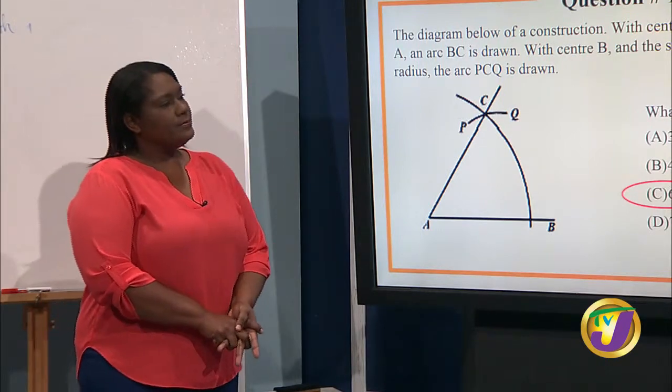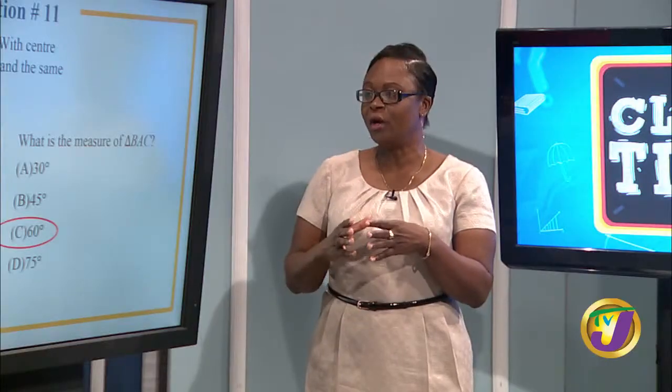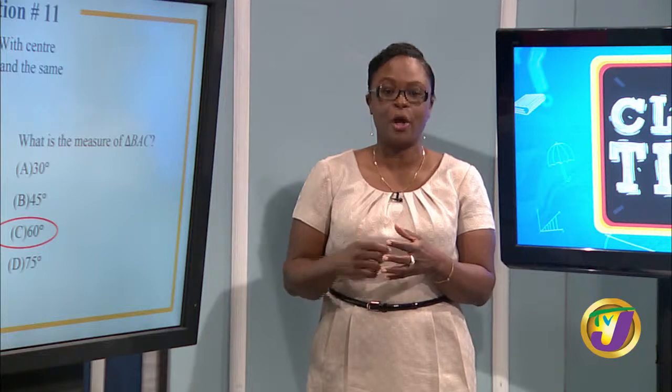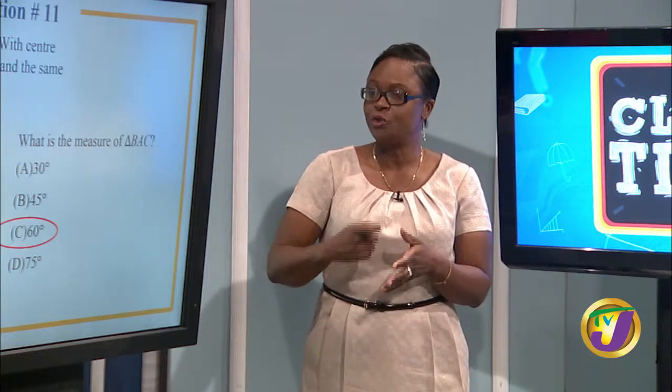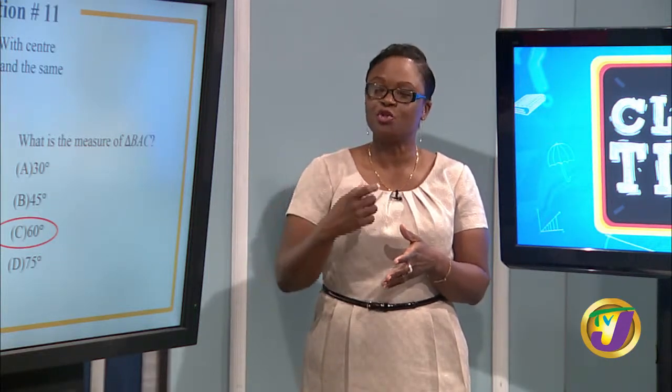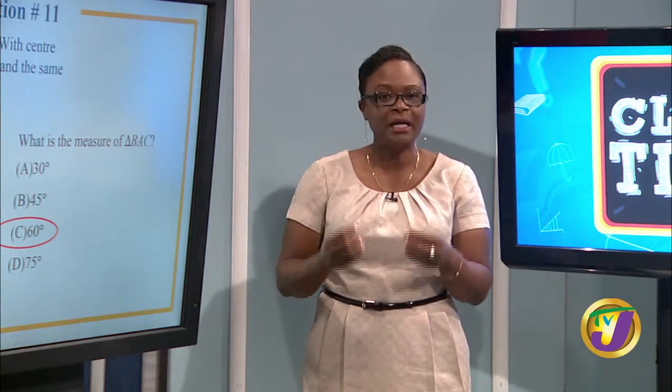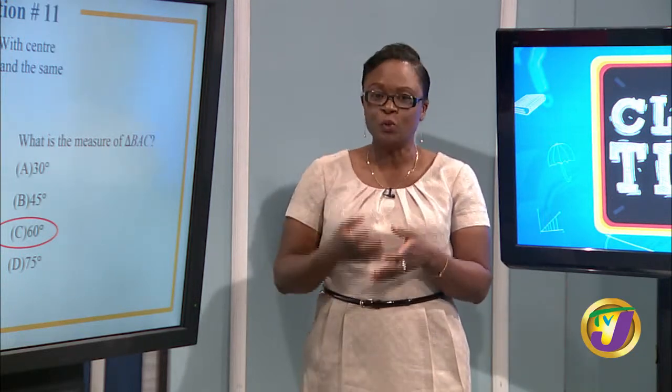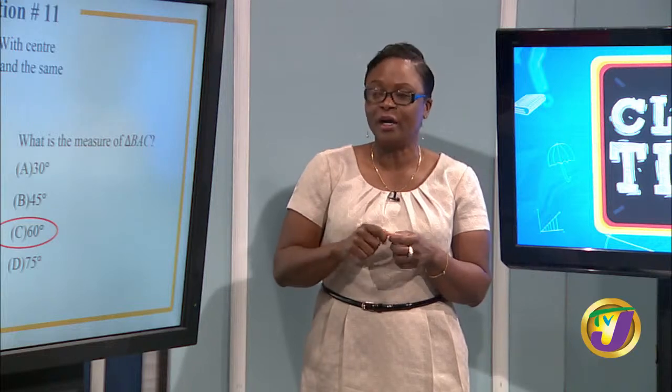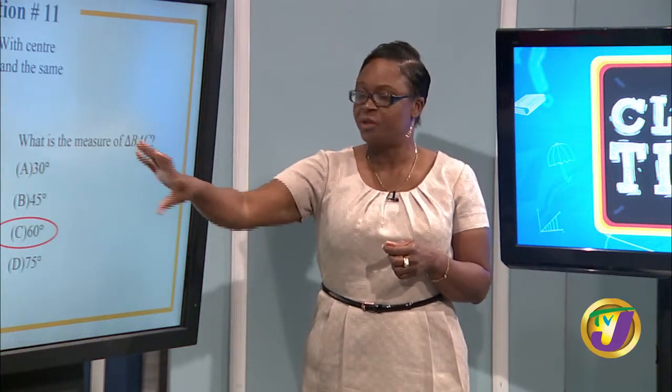What is important for us to note is that in order for us to have all this information, we would have had to be actively constructing angles, polygons, whatever it is, using the instruments in order to do the construction.